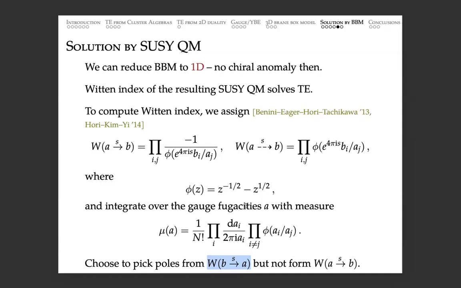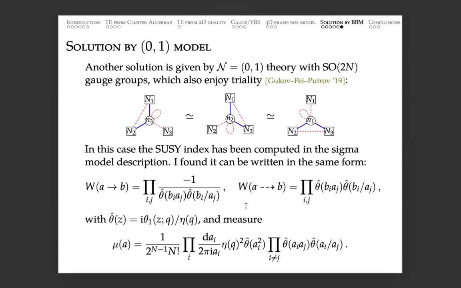And another way is to consider a model which is some variant of this (0,2) brane box model, but which has half as many supercharges, and the gauge groups are not U(N) but SO(2N). Okay, but there is actually a similar triality between a triplet of this kind of theory, found by similar people, Gukov, Pei and Putrov.